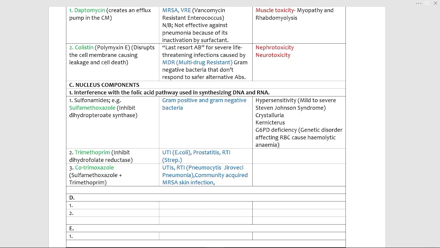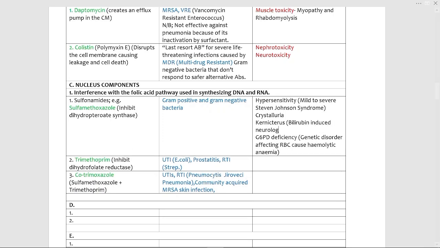I think till there we are together. For kernicterus, let me also put this in a comma: it is basically bilirubin-induced neurologic dysfunction.